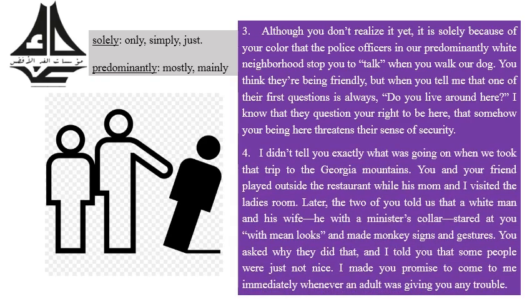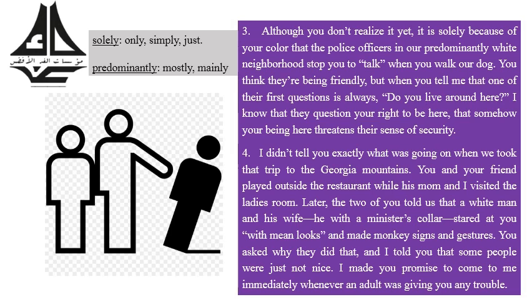I didn't tell you exactly what was going on when we took that trip to the Georgia mountains. You and your friend played outside the restaurant while his mom and I visited the ladies' room.